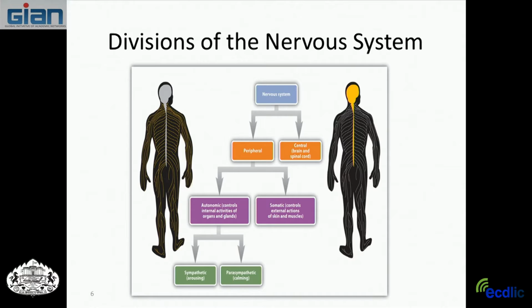So if we get in a sticky situation or need to react quickly to our environment, this is the part that activates, whereas the parasympathetic is more of a calming part of the nervous system that activates when we are relaxed, had a big meal. It helps in digestion and functions that aren't related to acting quickly within our environment.